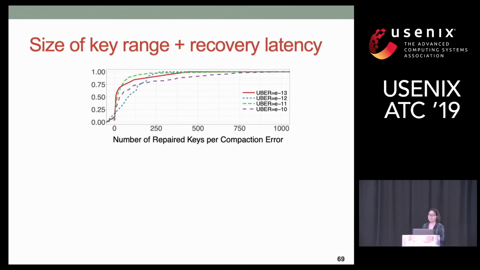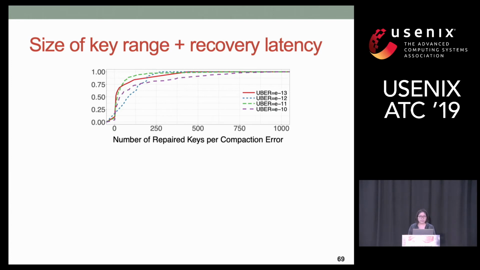Another interesting thing is we wanted to determine if the size of this key range is actually large at all. So we plot a CDF of how many keys are required to recover a compaction error. This is an estimate of how large these key ranges are per corrupted data block.